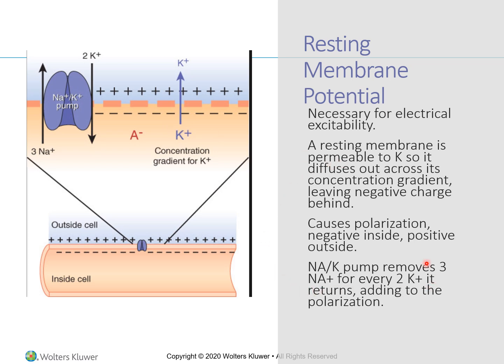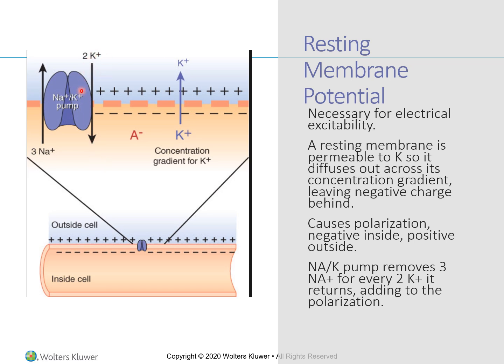Our sodium-potassium pump further helps to aid this resting membrane potential by pumping out 3 sodium ions. You see them here, 3 positive sodium ions are pumped out of the cell, and it returns 2 positively charged potassium ions.